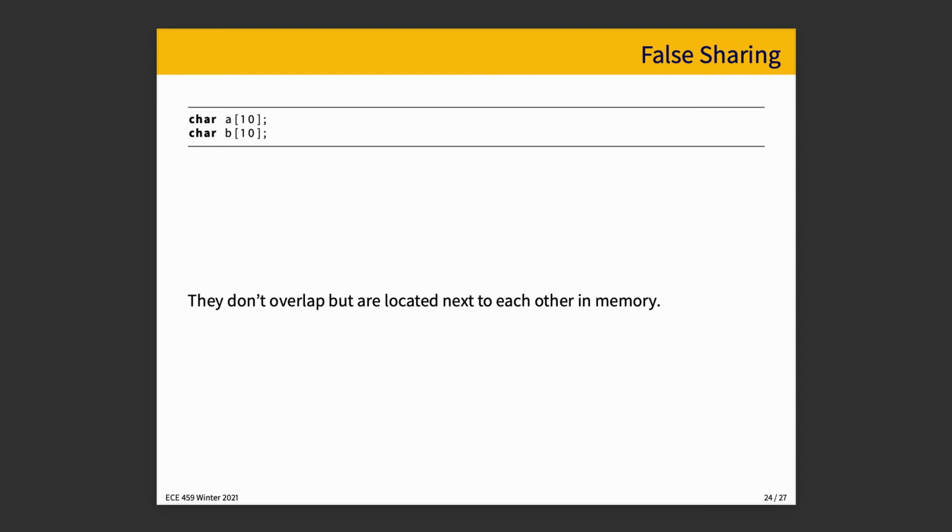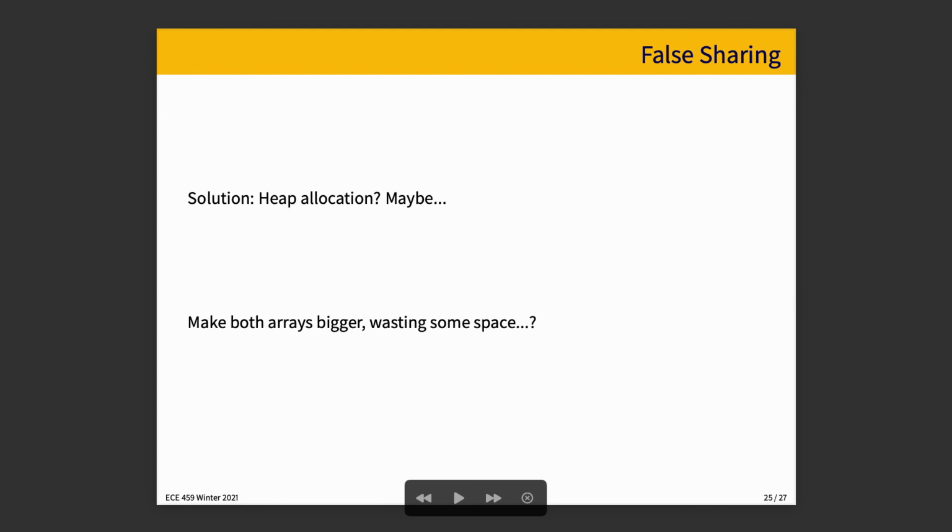That could be avoided by seeing to it that there is some separation between the two arrays. And one possible solution is heap allocating both of them, because it is unlikely that they will be exactly next to each other in memory, because heap allocation doesn't necessarily work like that. So that might work, it might not. Could we make both arrays bigger, which potentially wastes some space?